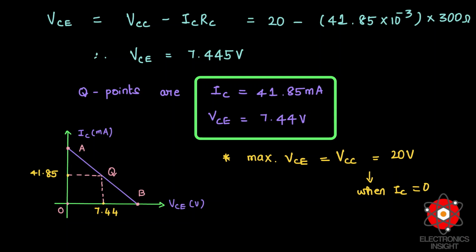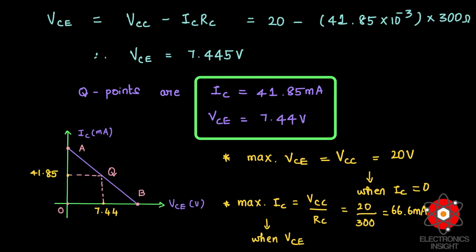And then maximum IC, the formula is VCC by RC. VCC is 20 volts and RC is 300 ohms. So this will give us an IC of 66.6 milliamps. Maximum IC is possible when VCE is equal to 0.